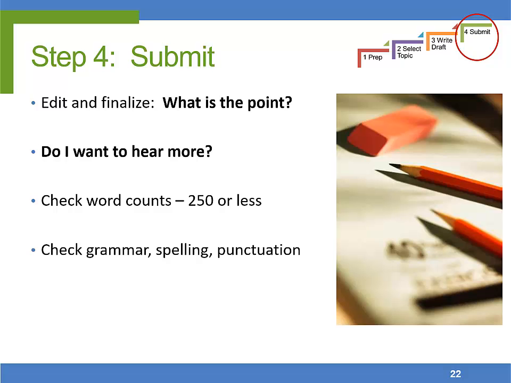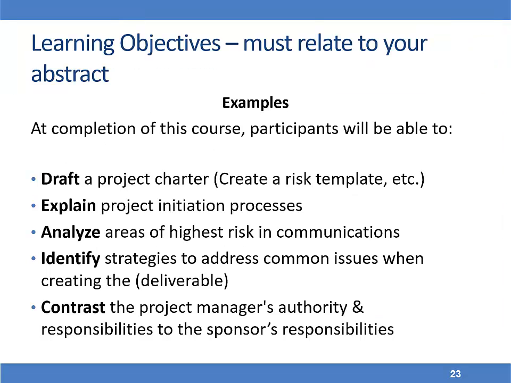Check and make sure you've got the correct word counts, 250 words or less, and double check your grammar and your spelling and punctuation. Also, before you submit, you're going to need to think about your learning objectives, and these must relate to the topic of your abstract and the body of your abstract. So examples of learning objectives would be things like at completion of this course, this session, participants need to be able to, whatever it is that you're imparting knowledge on, like draft a charter or create a new risk template or explain something or analyze.